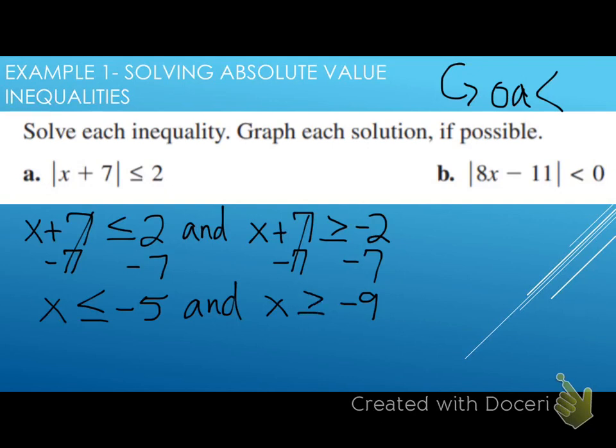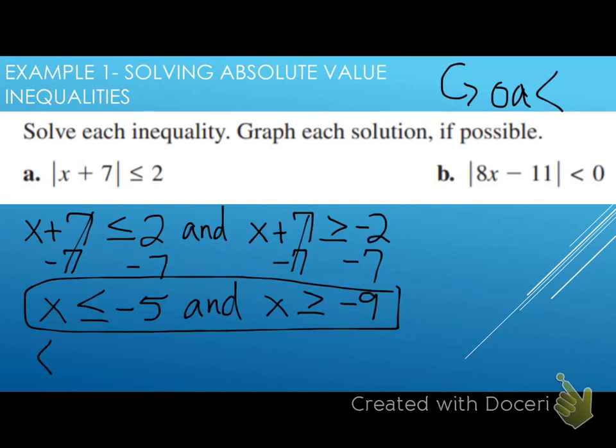Stay. Are both x's now by themselves? Yes. So here is my solution for my absolute value inequality. Any number that is less than or equal to negative 5 and greater than or equal to negative 9 is a solution to this absolute value inequality. We good with how we got that?